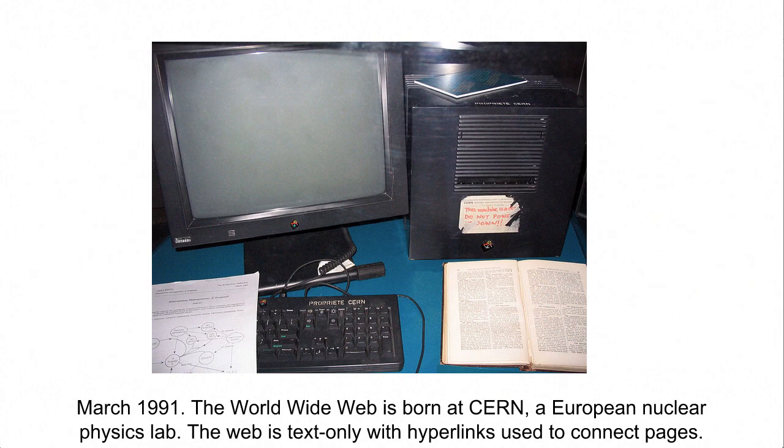The web as we know it, more or less, was born in March 1991, the creation of Tim Berners-Lee, a computer scientist at CERN, a European physics lab. Tim was working on a new way to share and link physics papers based on the idea of hyperlinking, which was popularized in the 1980s by HyperCard software for the Macintosh.